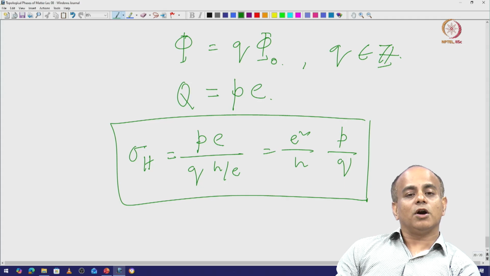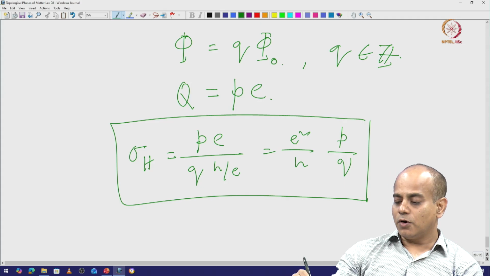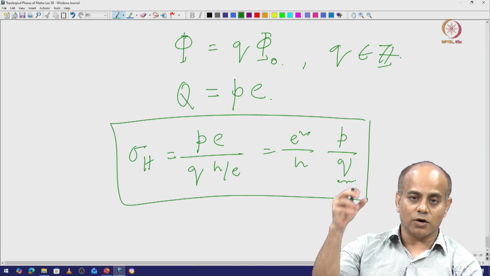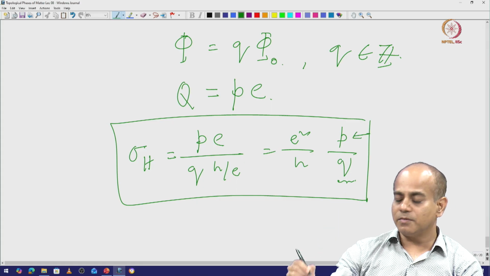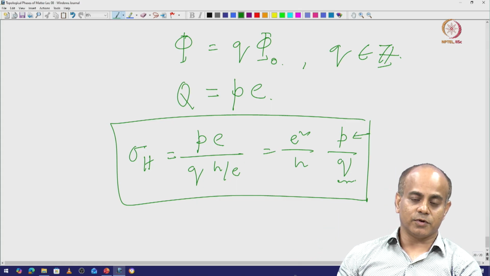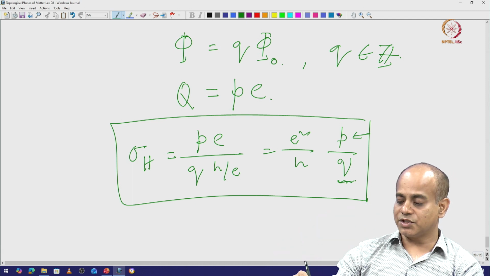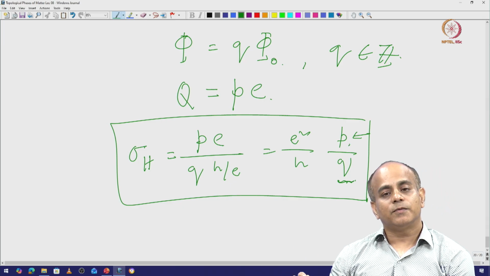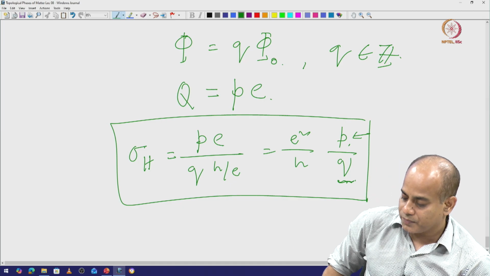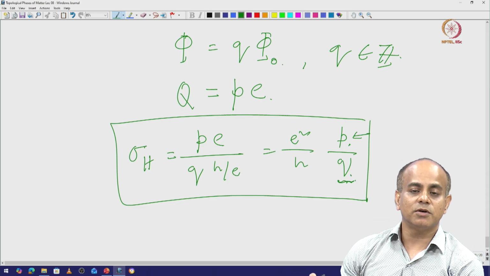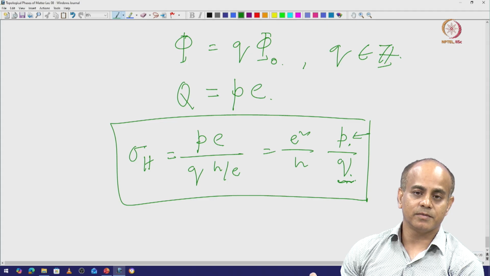what the Hall effect is measuring is, for some q amount of flux threaded through the Hall bar, the p amount of electrons that is pumped from inside towards the edge. If the flux threading is changed by 1, then for an integer flux change, this is the p amount of electrons that is being pumped from the system.